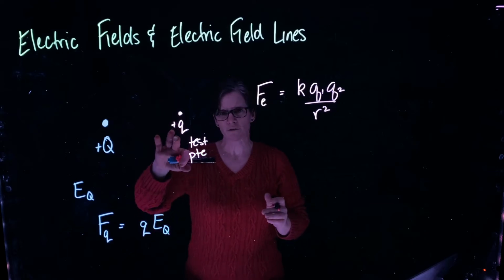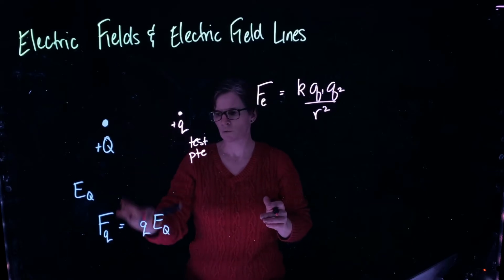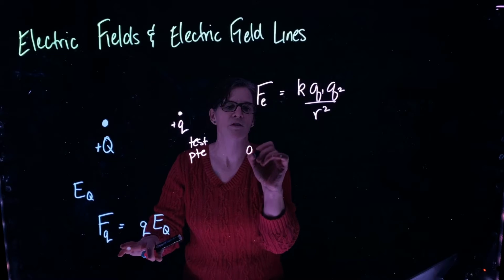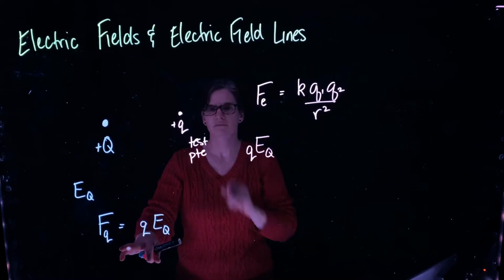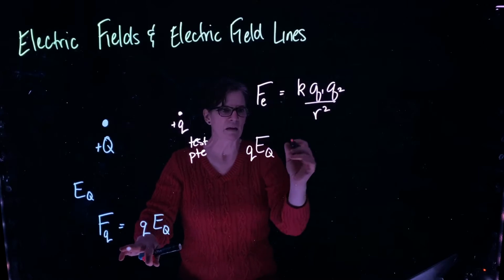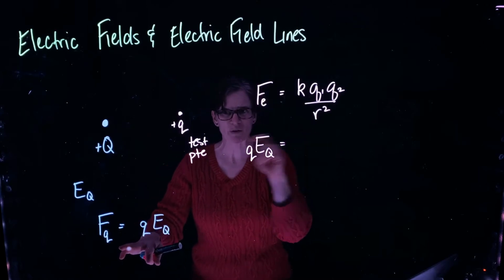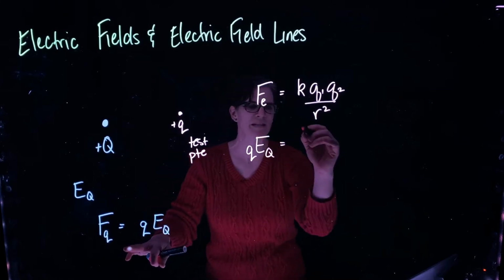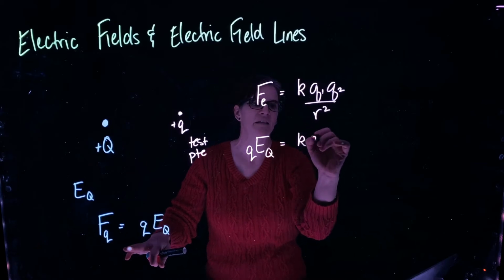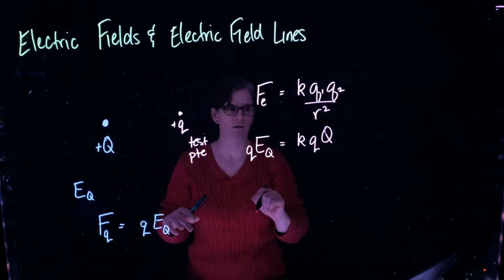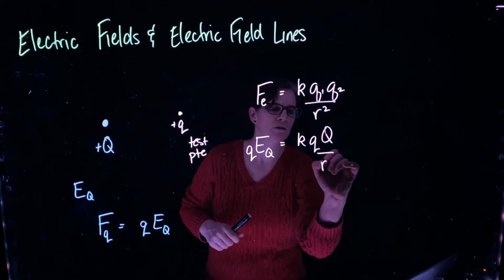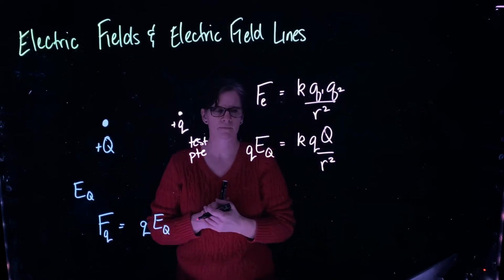So the electric force on particle q, we said, was q times the electric field given by capital Q. Well, that is the electric force on my test particle, which means it must be K little q times big Q, our two charged particles, over the radius squared.